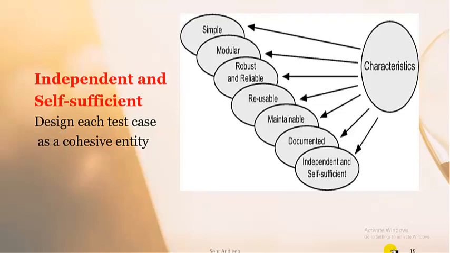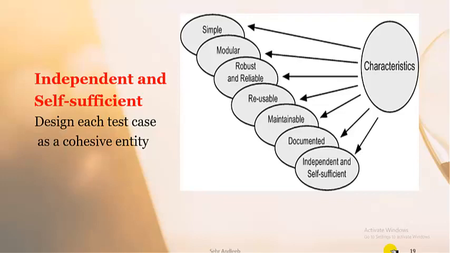Because if the B test case is made to run and it is dependent on A, if A is failed, then obviously B will also fail, because they both are dependent on each other. So two test cases should be independent of each other, so that the result of one test case should not affect the input or the output of the other test case, right? So a test case should be independent and it should be self-sufficient.